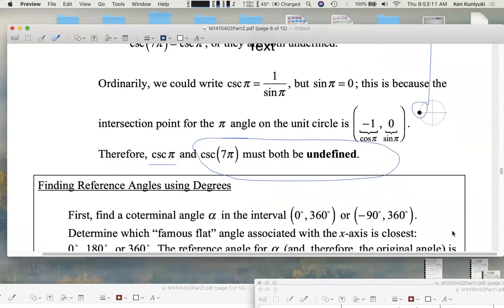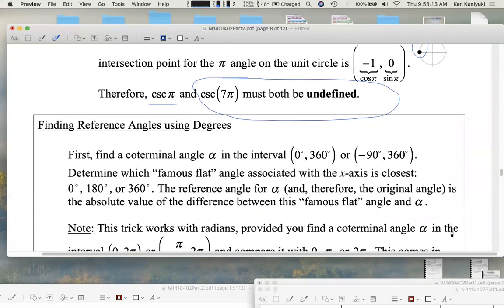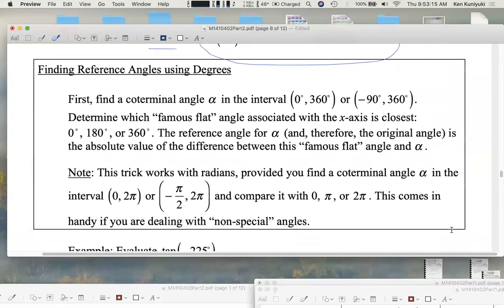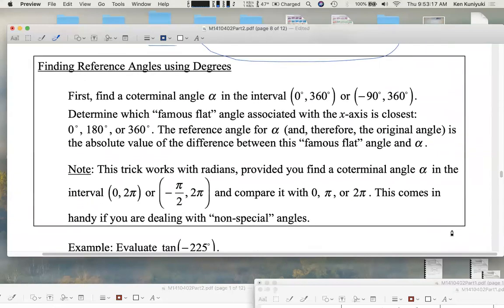Okay. Now let's say you're dealing with degrees. Remember that finding reference angles for special angles is very easy if you're dealing with radians. For degrees, it's actually a bit trickier. So let's say that you have an angle, theta, that you care about. First, you might want to find a coterminal angle alpha, because your angle theta might be too big or too small or negative.